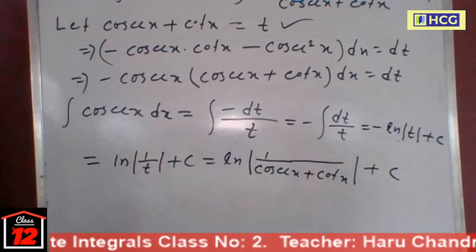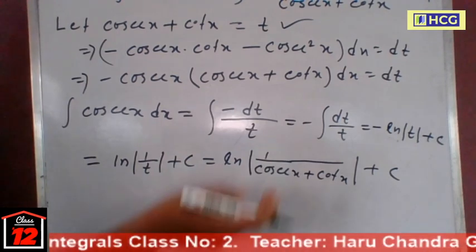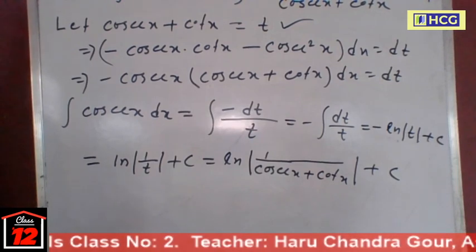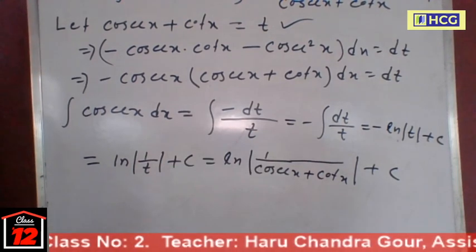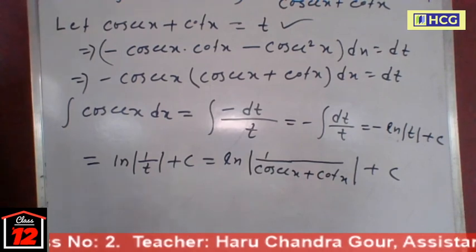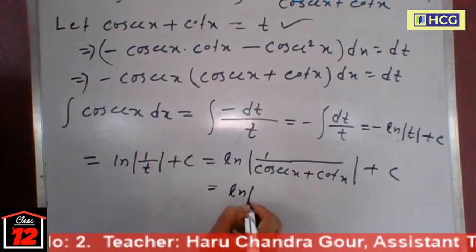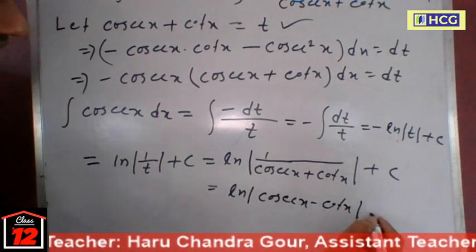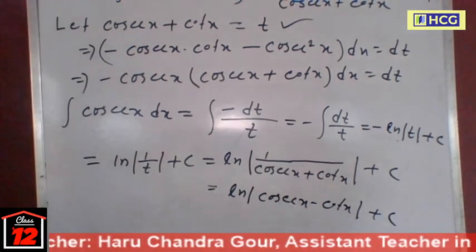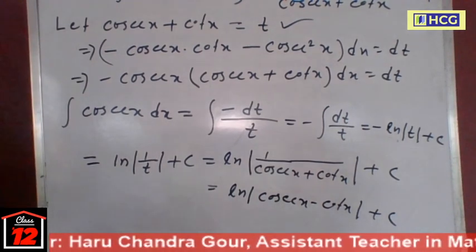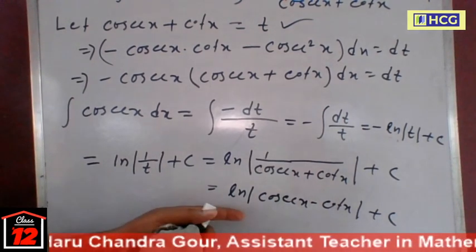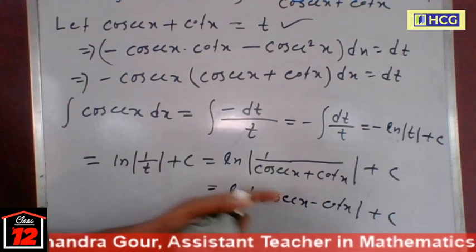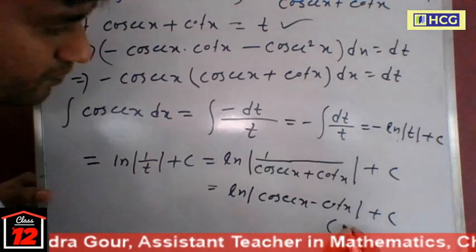We know cosec square x minus cot square x is equal to 1. So by the a square minus b square formula, cosec x plus cot x into cosec x minus cot x. So cosec x plus cot x cancels in both numerator and denominator. So ln cosec x minus cot x remains. So this is ln cosec x minus cot x plus c, proved.